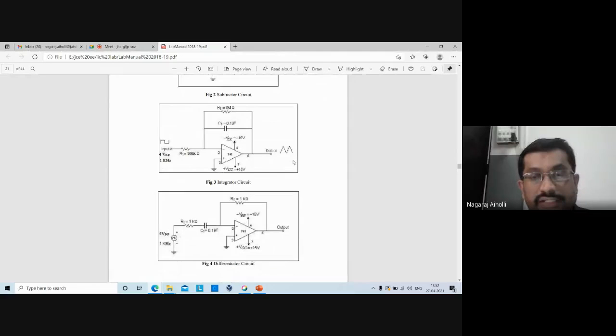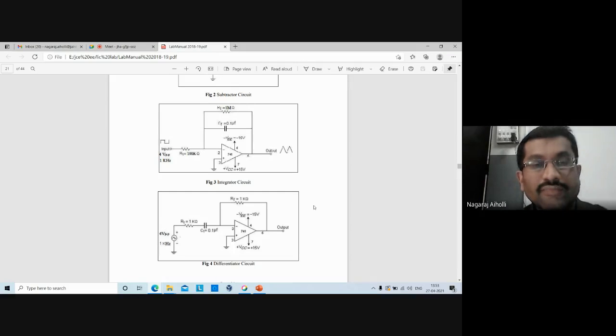Next is the integrator circuit. What is the integration of a square wave? If you integrate a square wave, what will you get at the output? Whether it is a sine waveform, cosine waveform, rectangular waveform or triangular waveform, which type of waveform will you get?